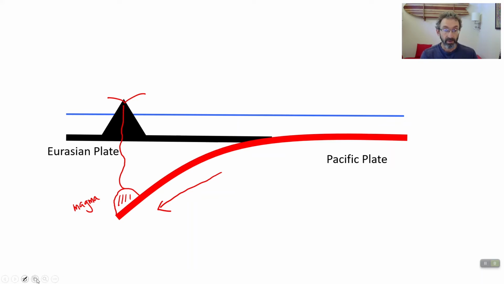Now, what you'll notice in these types of situations is that both plates are in contact right there, right at the top of the subduction zone. And there's a lot of friction between these two plates.